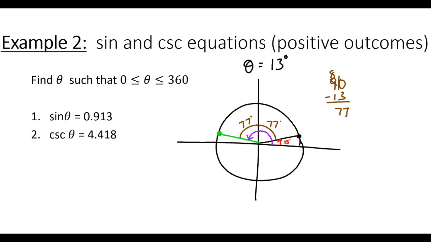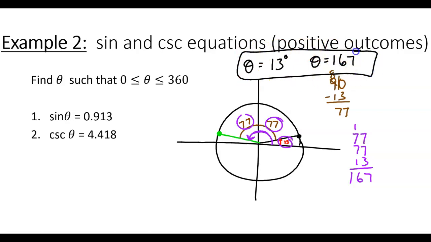And therefore, the purple arc there is 13 plus 77 plus 77. And I'm getting 167 as my second answer. And there's that. All right.